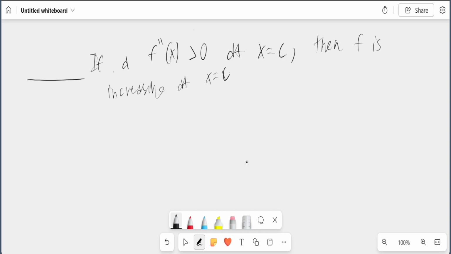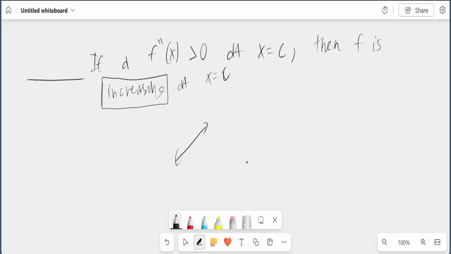Okay, let's dissect this. This is good. If it was f prime of x is greater than 0, then f is increasing. Essentially, increasing means the slope is positive at the point, right? Does that make sense?